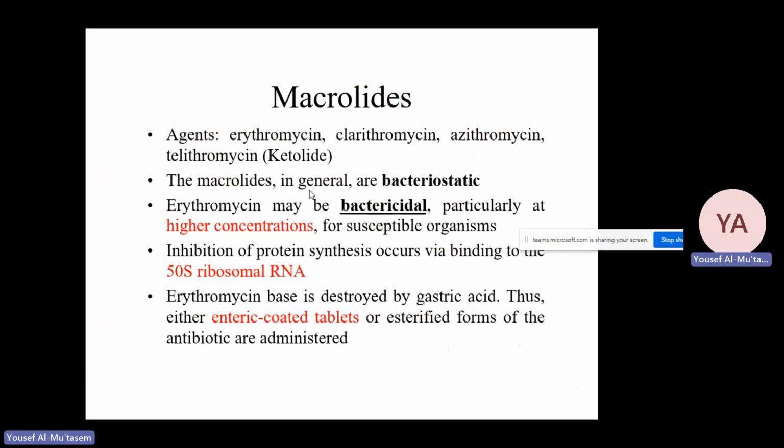The one with the highest bioavailability, 100%, is azithromycin, followed by clarithromycin, which is around 80%, while erythromycin has a really very low bioavailability. That's why current preparations of erythromycin are either in enteric coated formulation or in ester forms.